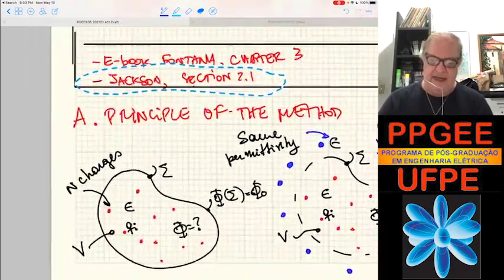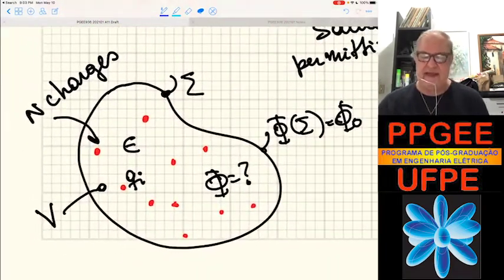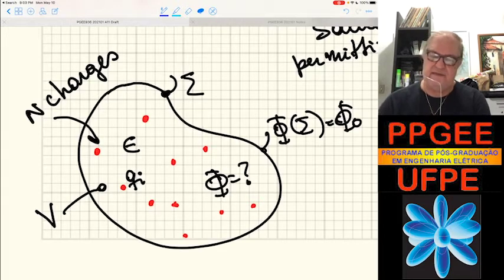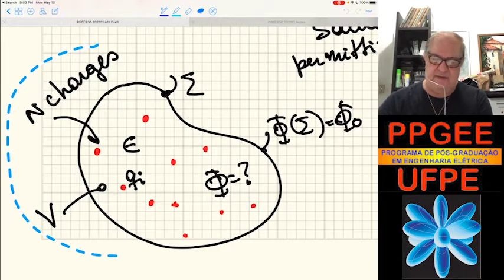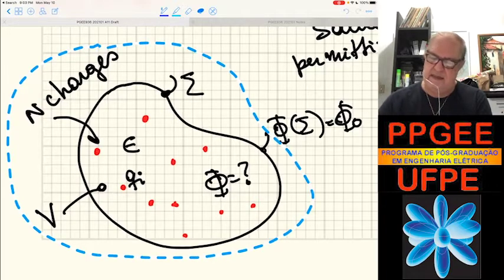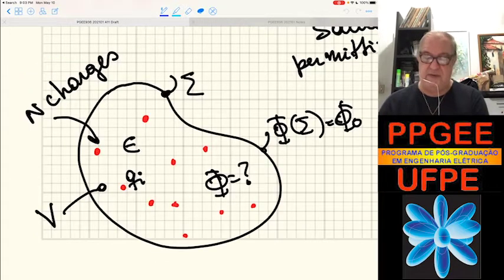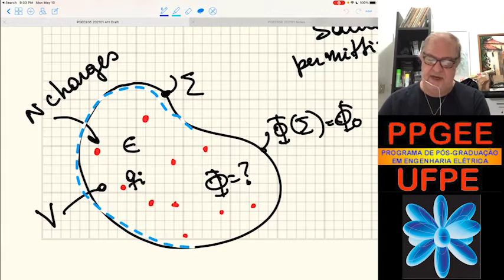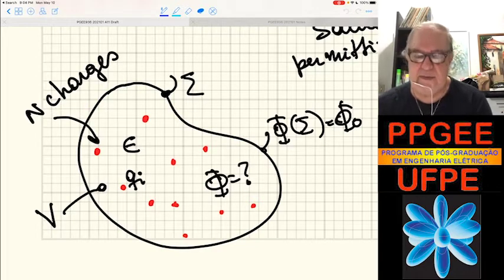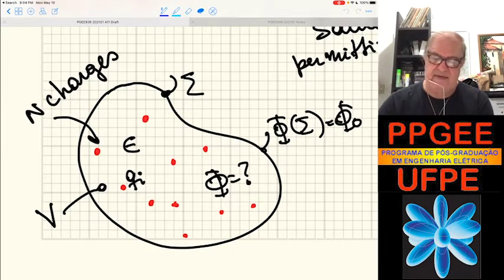So the idea of the method is that outlined in this picture. You have this diagram here in which you have a boundary of an arbitrary shape represented by surface sigma, and you have a set of n point charges inside of this volume.